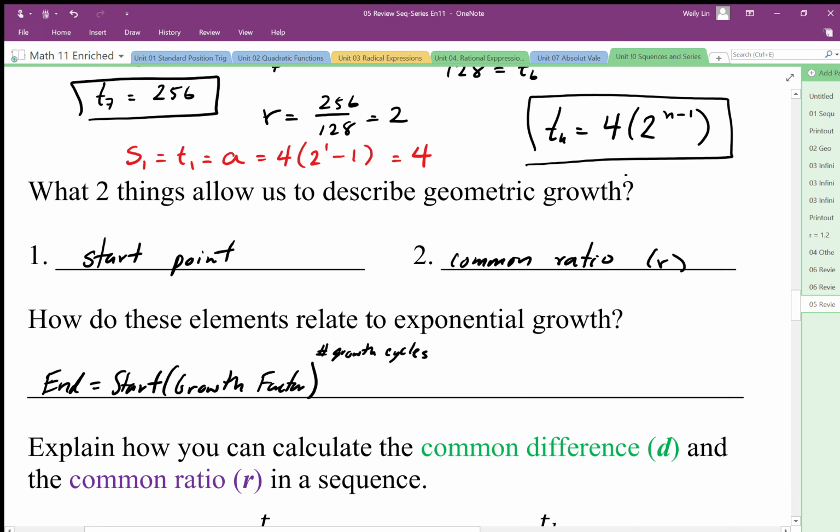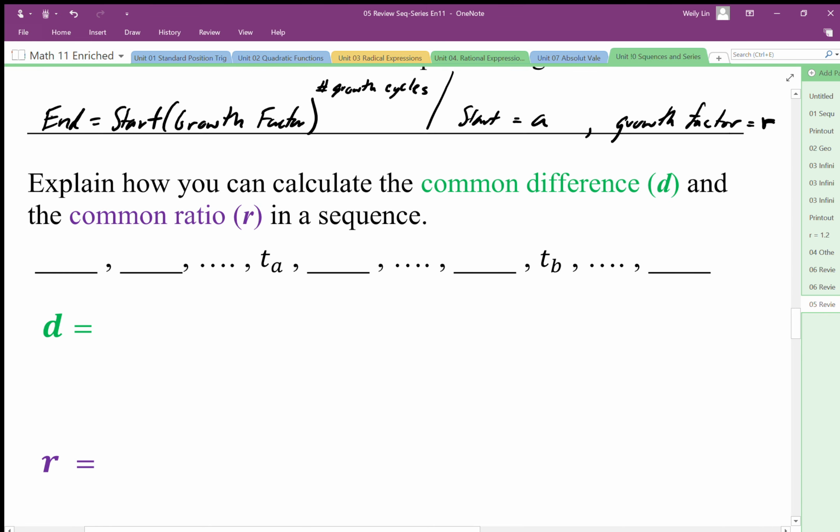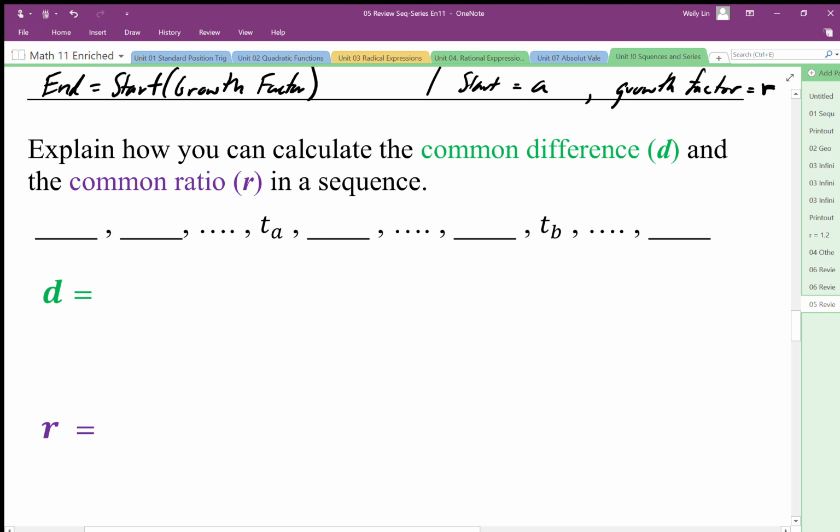So how do these elements relate to exponential growth? The start value is equal to A, and the growth factor, or our multiplier, is equal to the common ratio R. And then finally, how can we calculate the common difference and the common ratio of a sequence?